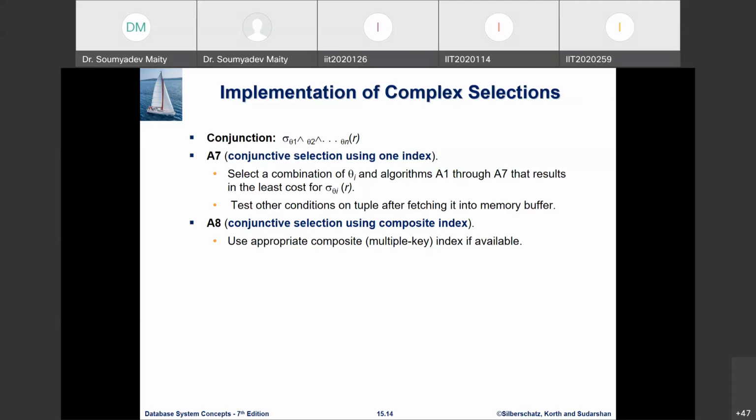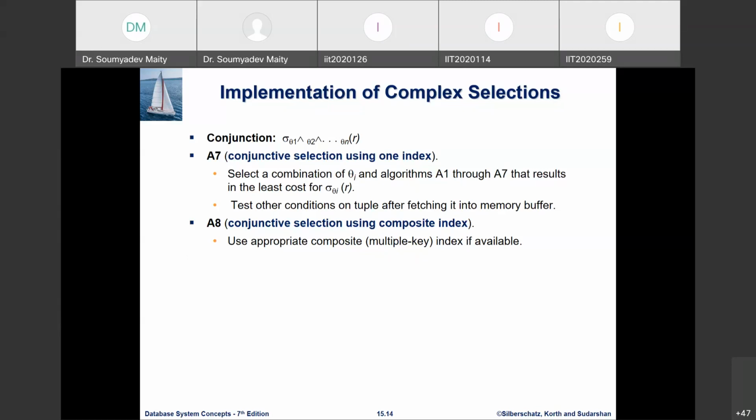Then you choose the i for which you are getting the lowest cost. Then you execute that algorithm. If you execute that algorithm, then the result of applying sigma theta i on R with the lowest cost will be retrieved into the main memory.